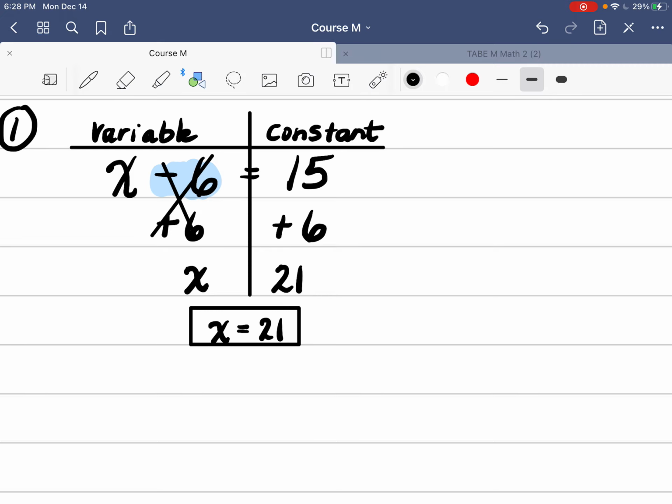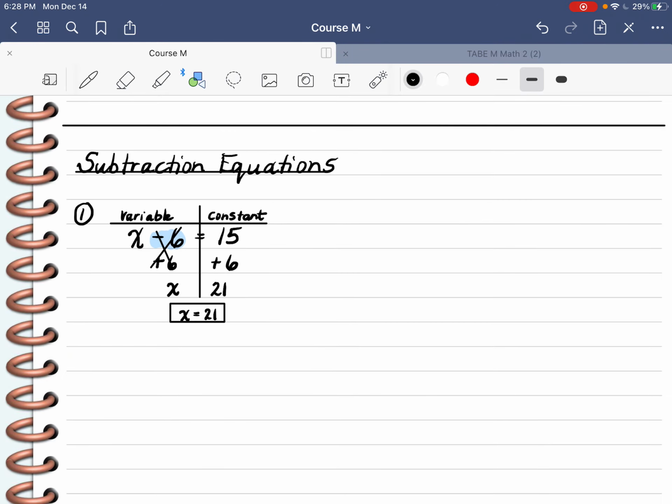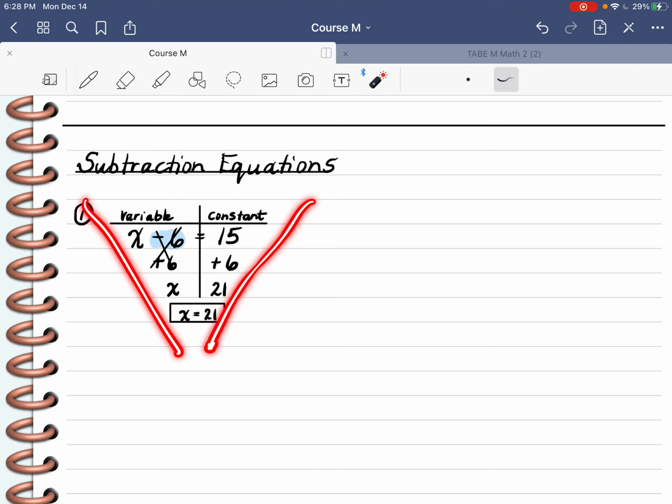There's another thing I want to show you here. Look at how I keep my work spaced and neat. You should always have this shape when you're solving equations. It's kind of like a Christmas tree that's upside down. The equation should get smaller as you go down the page. If it's getting bigger, there's something wrong.